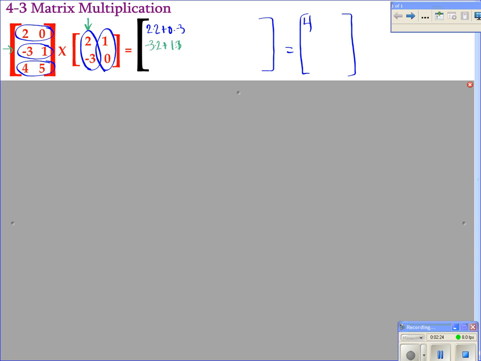So we've got -6 plus -3, correct? So that would be -9. Let me write that a little bit more clearly since my typo was unclear.